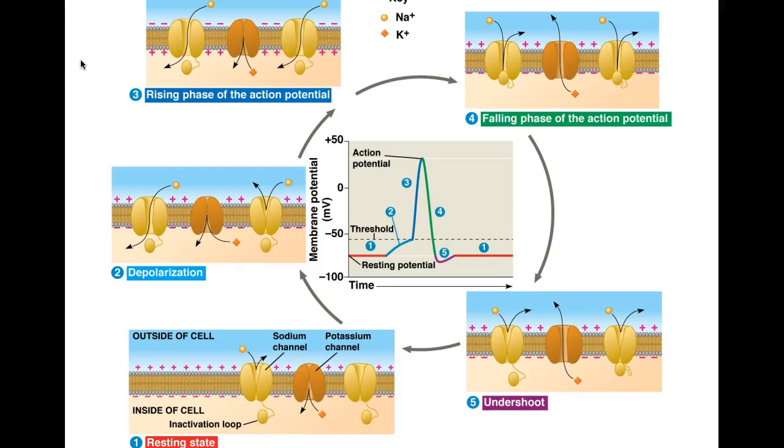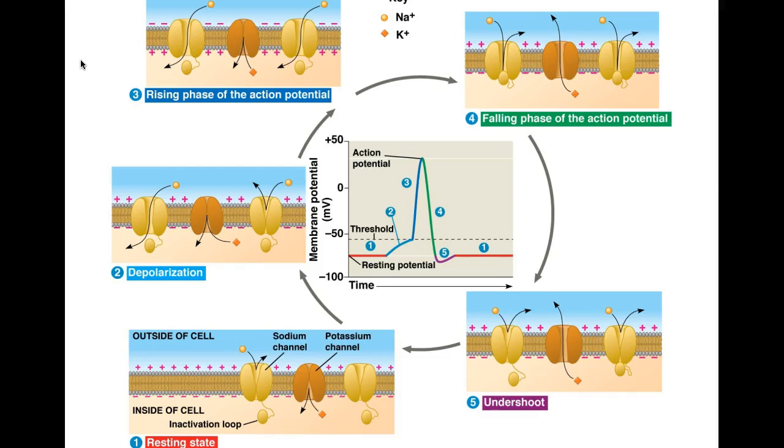Something I almost forgot to mention is that at that undershoot, part 5 in the bottom right-hand corner, a lot of potassium is leaving the cell, so the membrane potential goes a little bit lower, a little more negative than what's normal.